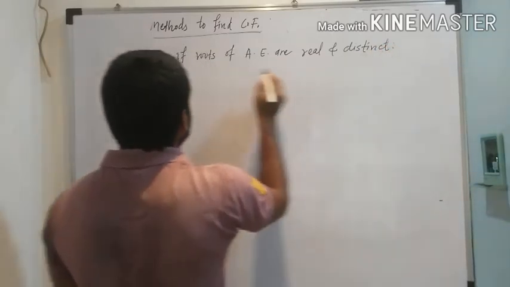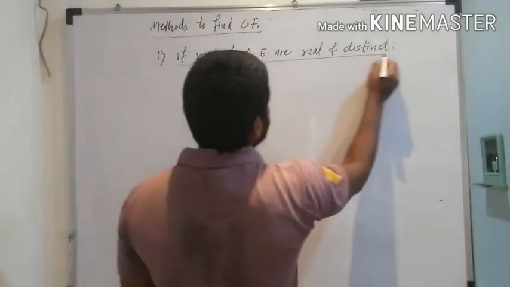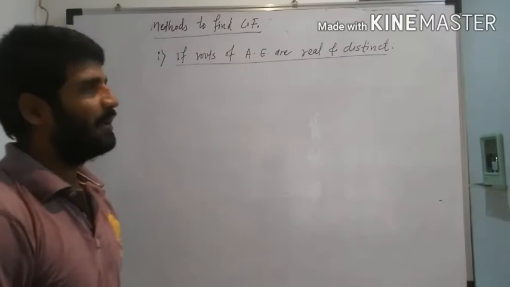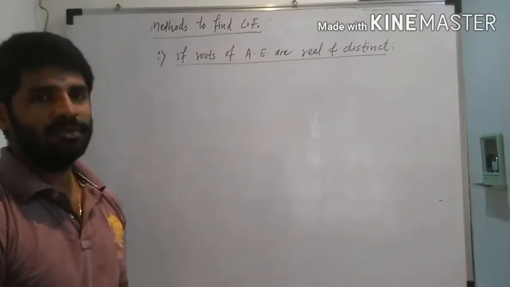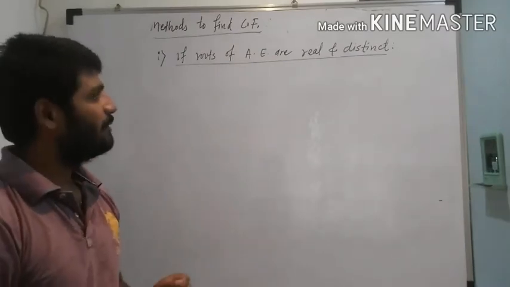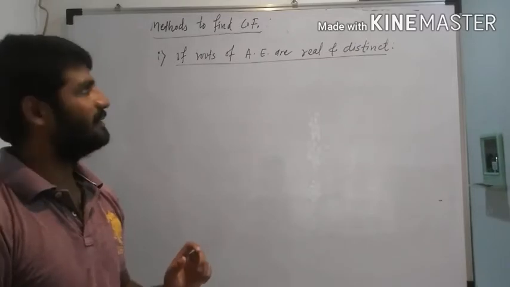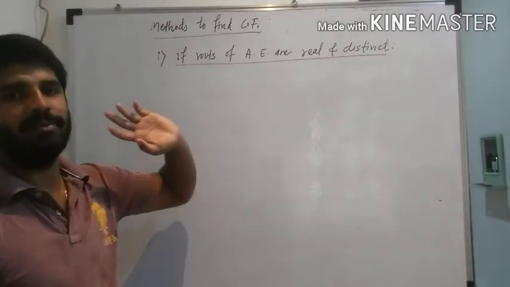That means if we solve the auxiliary equation f of D equal to 0 and find out the roots, and if we observe that all roots are real and distinct, then how do we write the complementary function? See here.